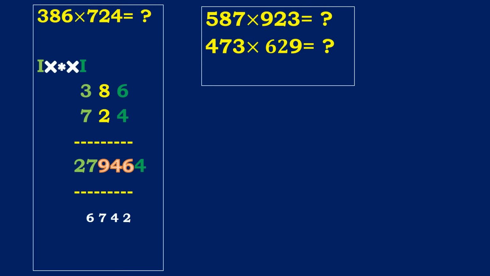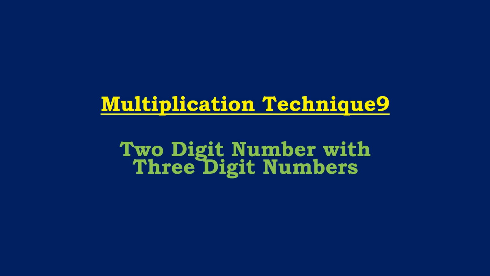Practice well on these. The 9th technique for multiplication is how to multiply 2-digit numbers with 3-digit numbers. Multiplication of a 3-digit number with another 2-digit number is as good as multiplying 2 3-digit numbers.